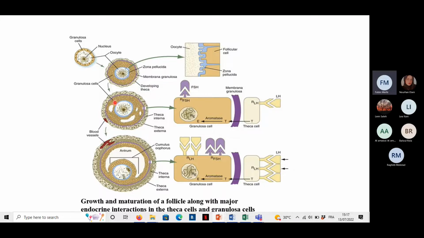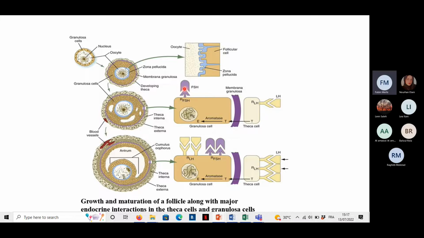Also in the early antral follicles, we can see that the theca interna cells express LH receptors on their surface that can bind the LH, and also the granulosa cells will express FSH receptors on their surface that can bind the FSH.